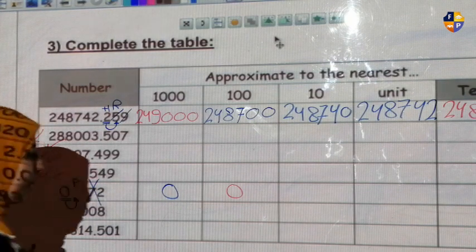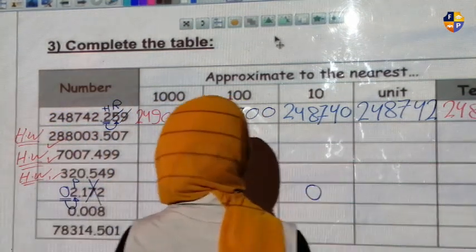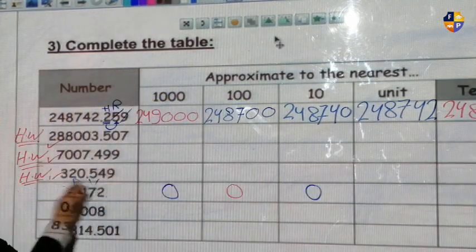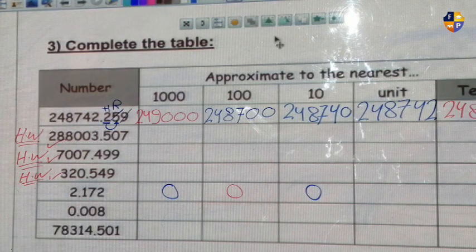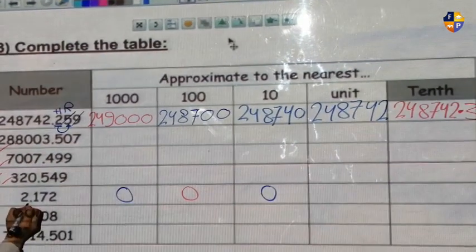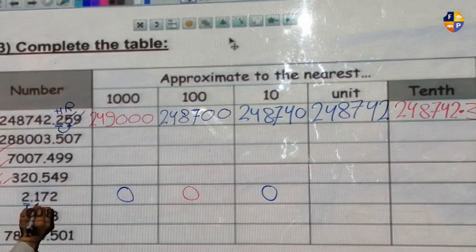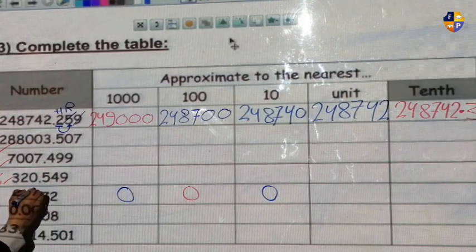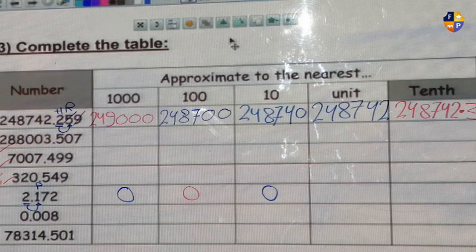So the result will be 0. And now I will approximate it to the nearest unit. Underline the digit in units. Look at the digit in tenths. 1 is poor. So I will remove the decimal part and keep the whole number as it is, 2.